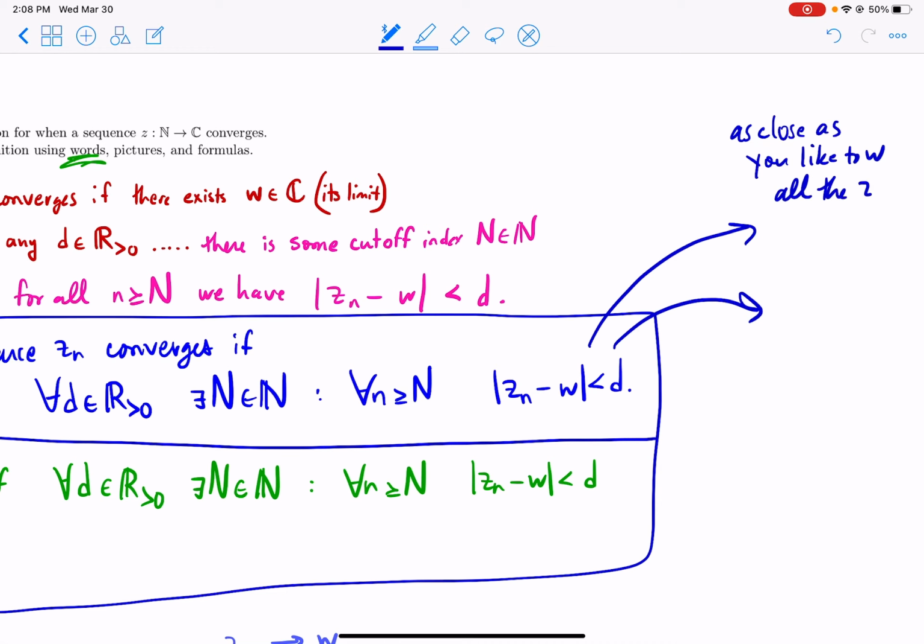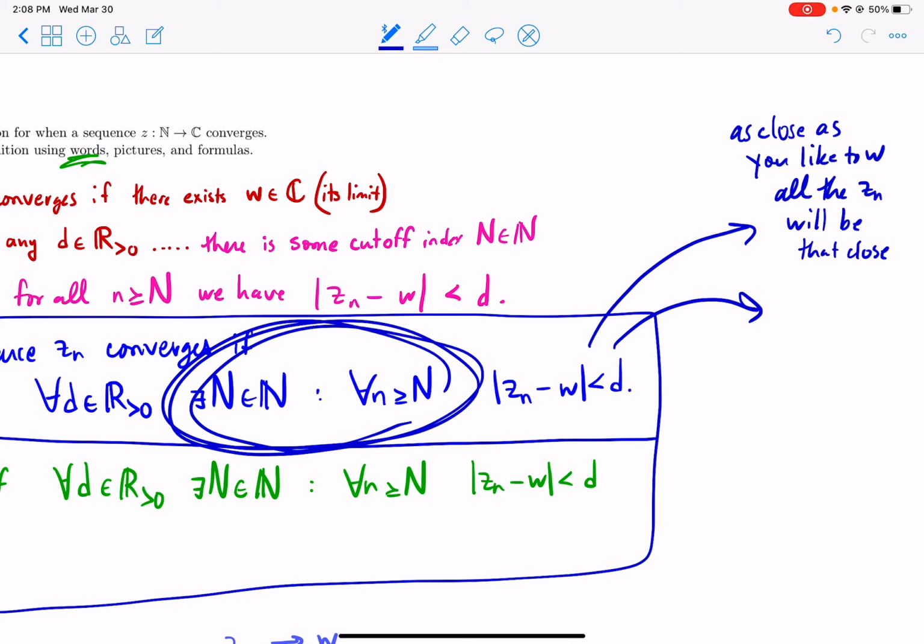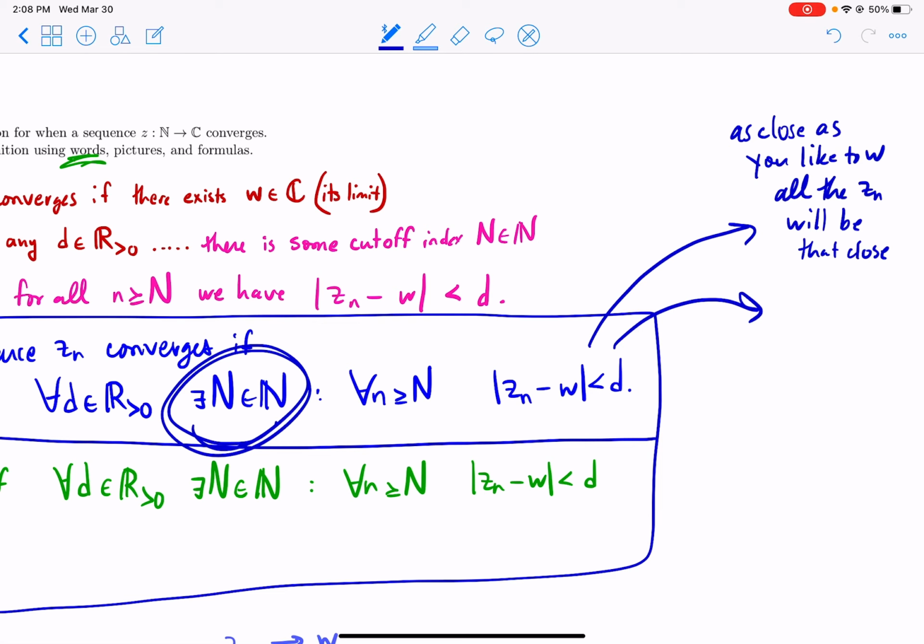all the z sub n's will be that close. Well, provided you go past some index. And that cutoff that you have to go that far, it depends on the d you chose. It'll be that close if you go far enough in the sequence.